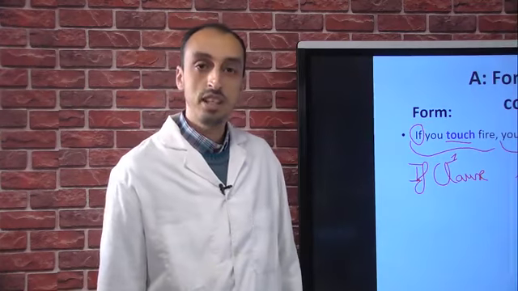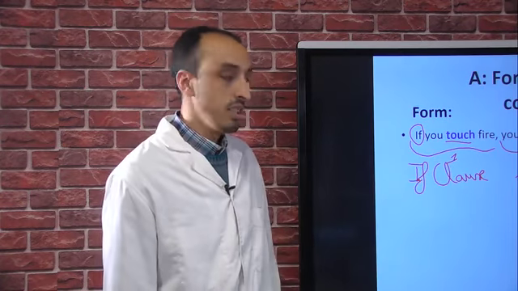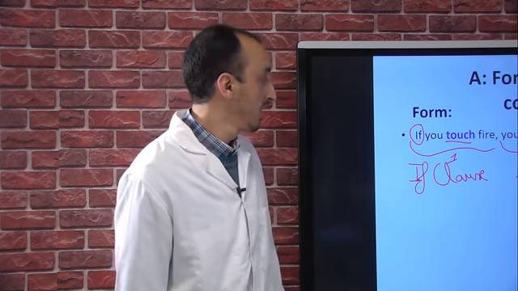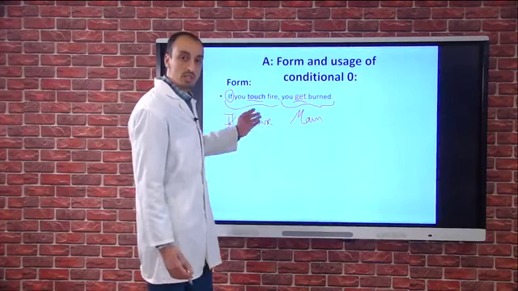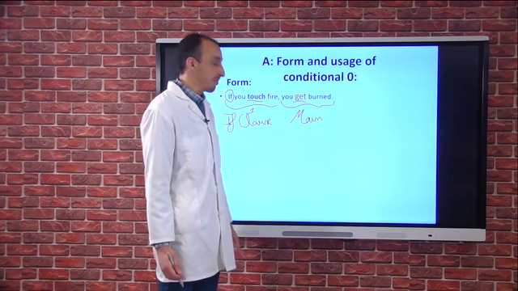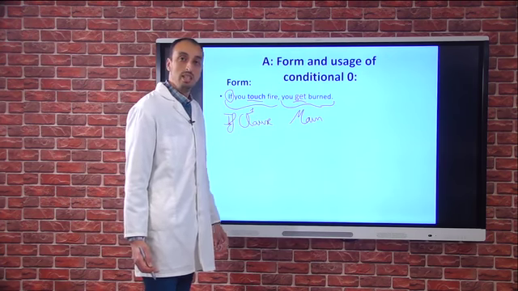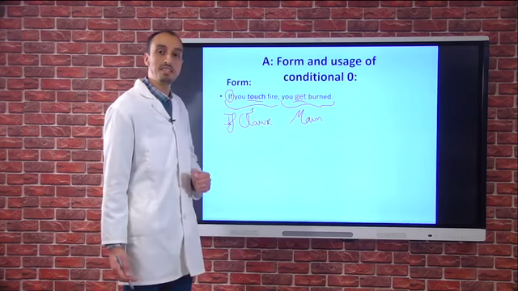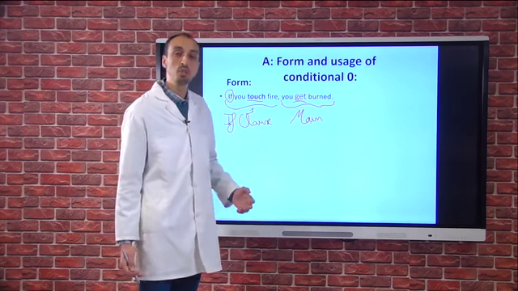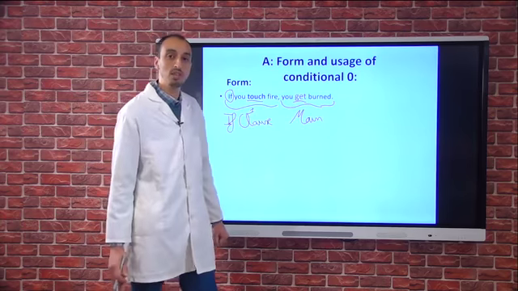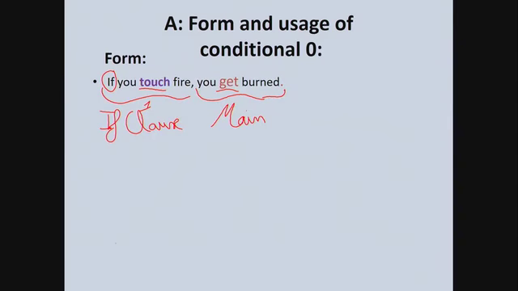Let's ask another question. In what tense are they conjugated? The verb to touch. Take your time to think. Yeah, it's in the present simple. Then let's look at the second verb in the main clause.